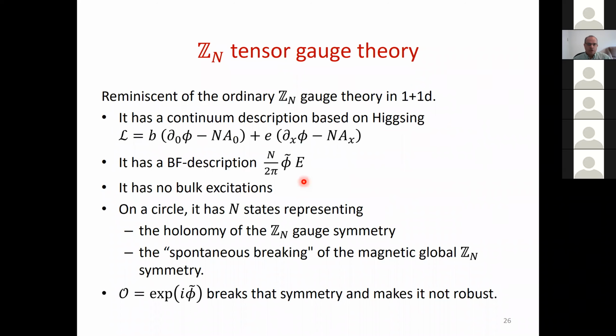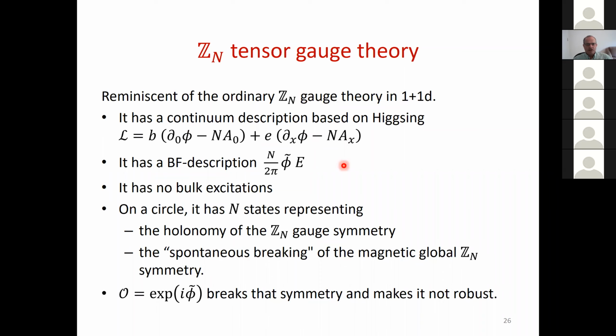And the same is true here. This system is reminiscent of one standard Zn gauge theory in 1+1 dimensions. So we can describe it using such a continuum Lagrangian, where we Higgs a U1. We can dualize phi to phi tilde and have a BF description of the Zn gauge theory.